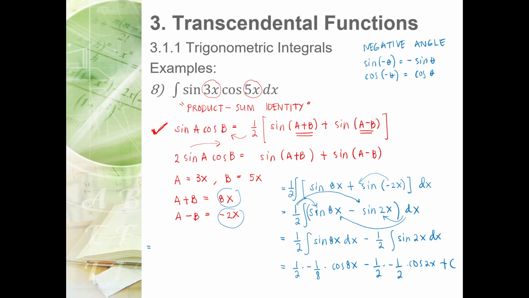So 1/2 times negative 1/8 will be negative 1/16 cosine 8x. And then negative 1/2 times negative 1/2 would be positive 1/4 cosine 2x plus C. So this would be the final answer.